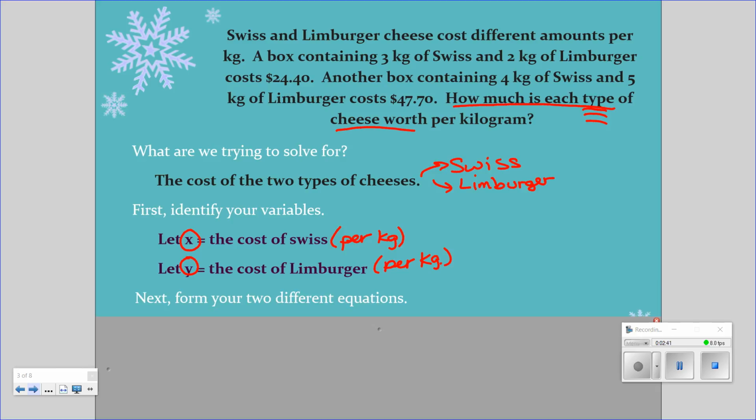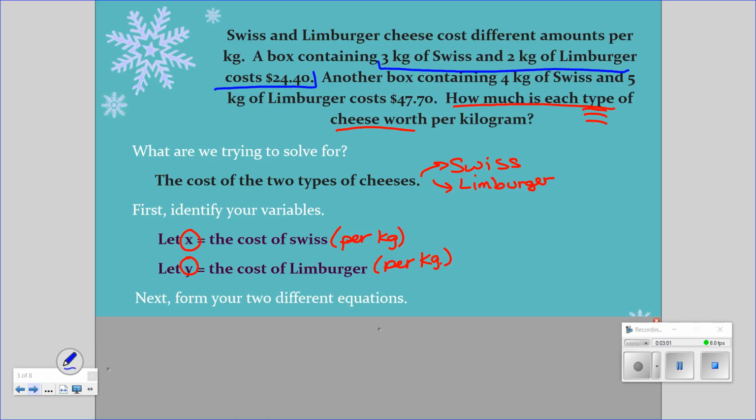So let's go back to the problem. In the problem it says a box containing 3 kilograms of Swiss and 2 kilograms of Limburger costs $24.40. Hopefully as you're reading that, you see that the 3 kilograms of Swiss and 2 kilograms of Limburger go together. They combine together to make $24.40.